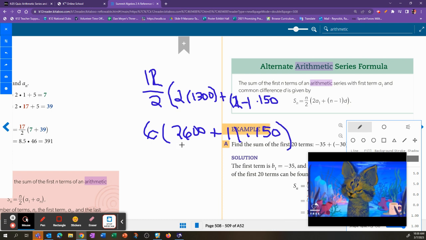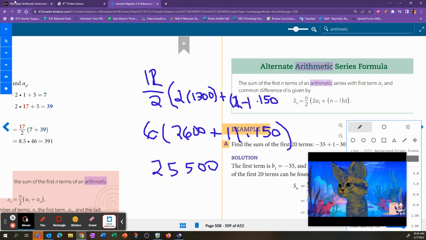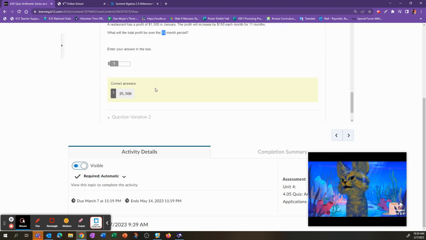Okay, so write that out on your paper: 6 parentheses 2,600 plus 11 times 150 close parentheses. Now I get 2,550, which is 25,500. Okay, again, that was a reading problem, not a math problem. We did the math correctly.